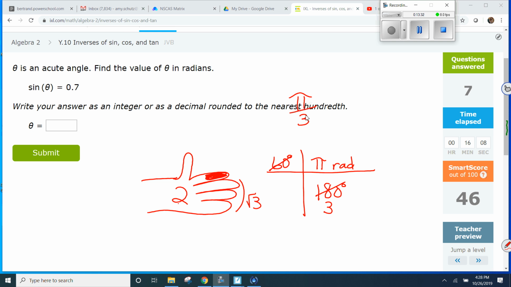This is going to be really close to a 45-degree angle, because the sine of 45 degrees is radical 2 over 2, and the decimal value of that is 0.707106. So I would say a 45-degree angle, but it says rounded to the nearest hundredth.